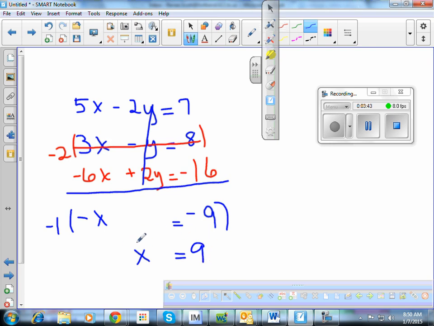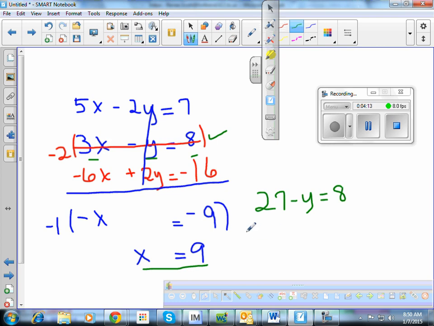So x is 9. Now you look back at either equation, it doesn't really matter which one. So I'm just going to check the second one and plug in x equals 9. In the second original equation, 3 times x, which is 9, 3 times 9 will give you 27, minus y equals 8.